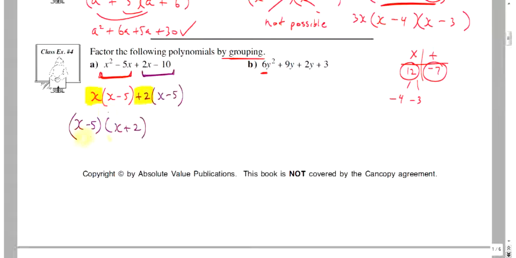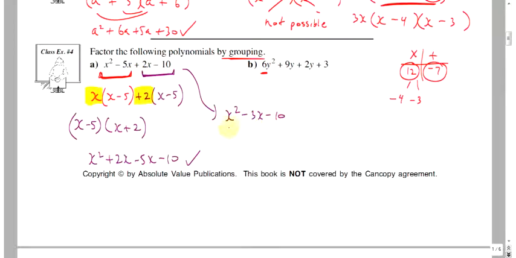Quickly, let's check that. X squared plus 2x minus 5x minus 10. Is that the same as this? Check. So, what's the difference if you do that, or if you just add negative 5x plus 2x? Well, this is how we want to see it.